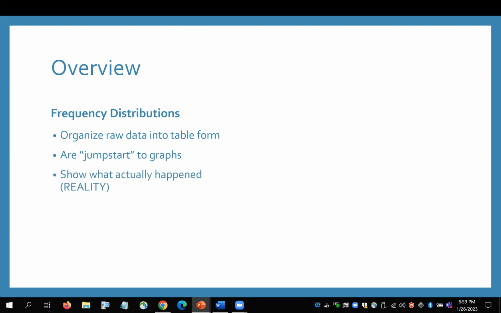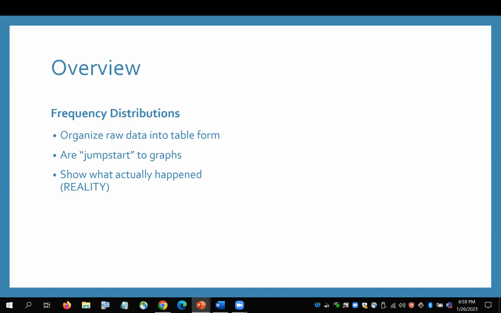But the key thing about the frequency distribution, or even the graphs that we create, the histogram and the box plot that we were just looking at, is that those things show what really happened, what actually happened. They are the reality.